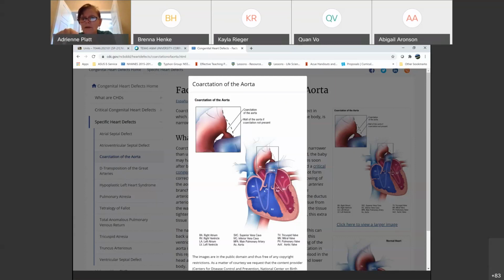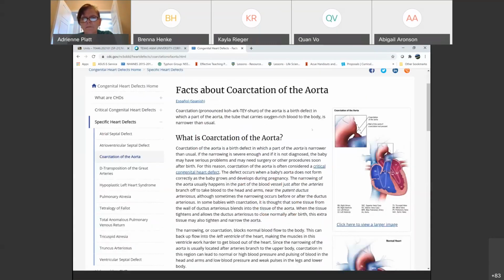However, because they've messed with that valve, in the future they may end up having to have a replaced valve. So coarctation of the aorta runs in families, and they're at more risk of having hypoplastic left heart.